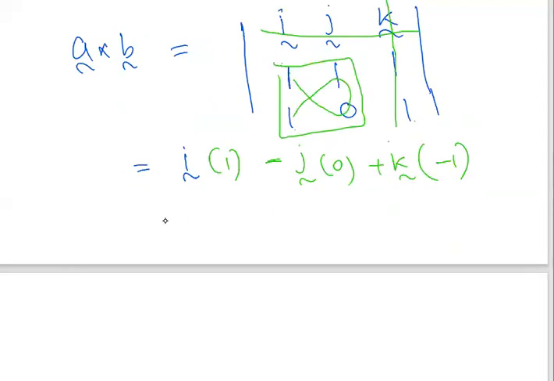So the cross product of A and B is I, 0 J. We don't need to write 0 times minus K.